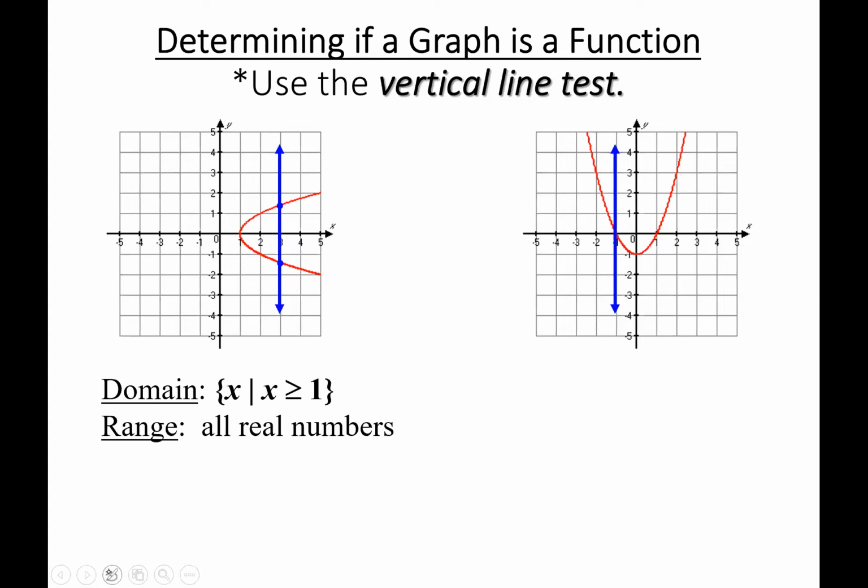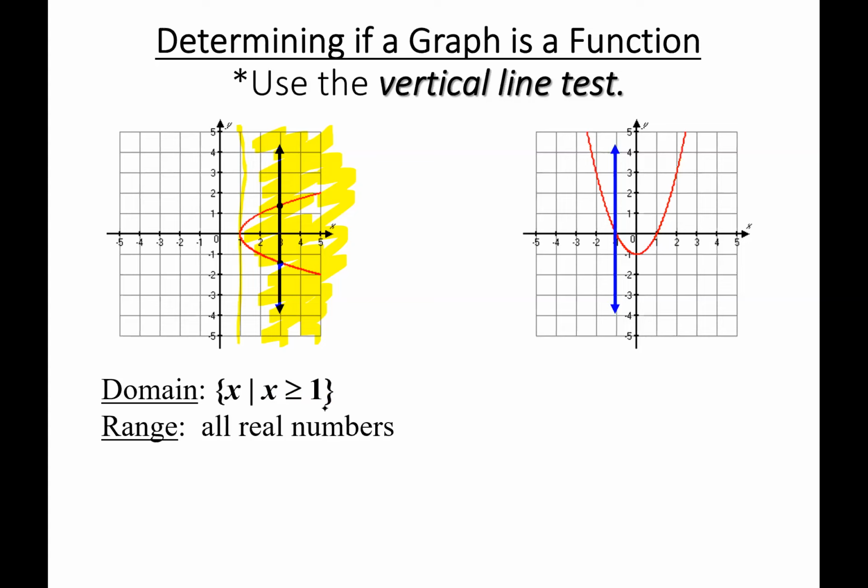Okay, so I'm going to try to illustrate that for us here. We'll do the highlighter. Okay, so I'm almost drawing a boundary here. The domain starts at 1, and then we go to the right. And this would continue past our graph. So our domain is all values of x that are greater than or equal to 1.